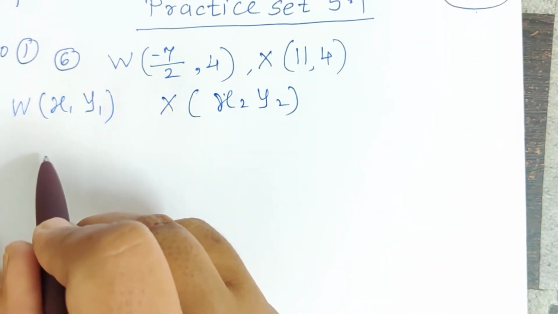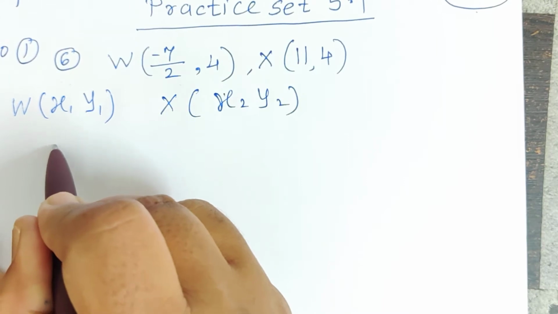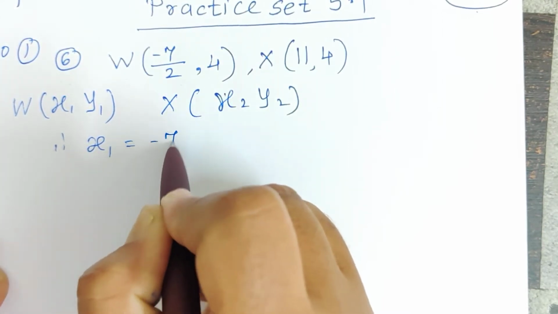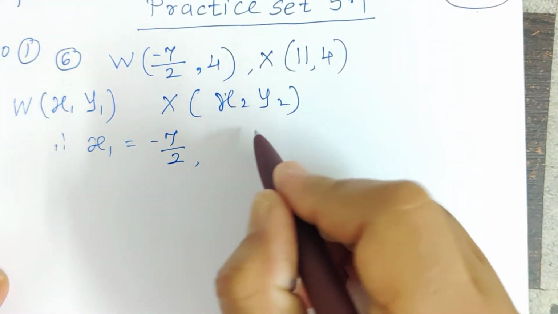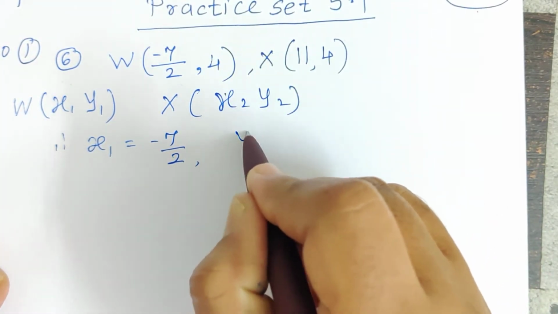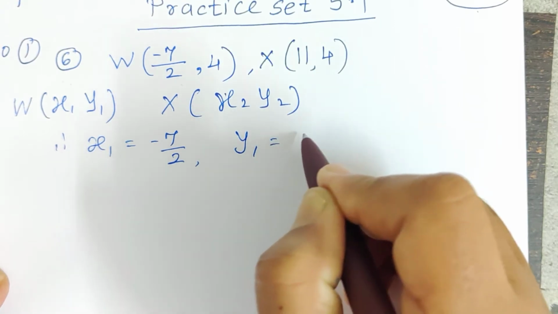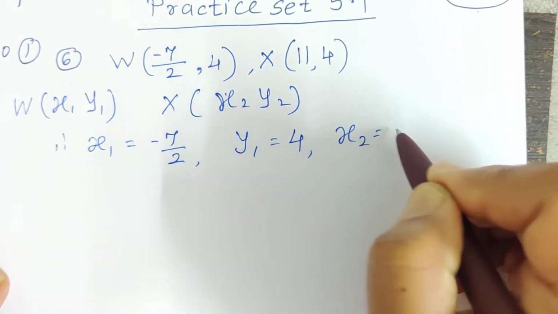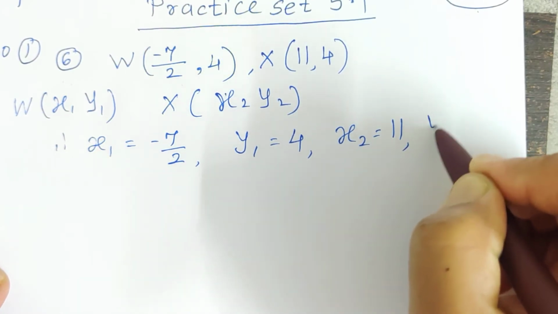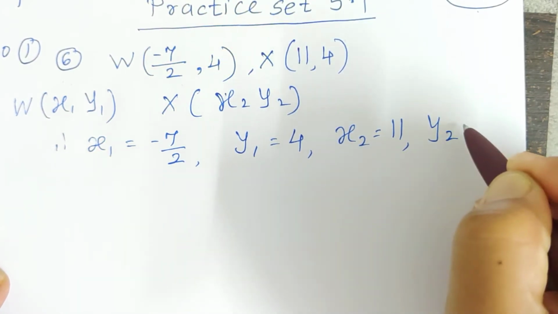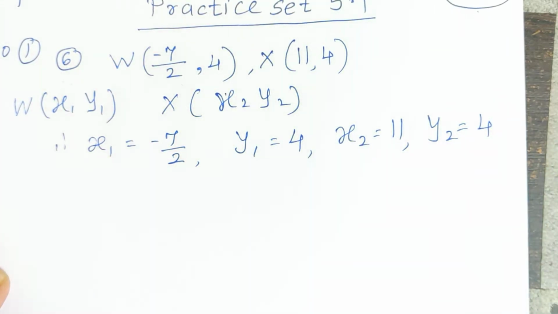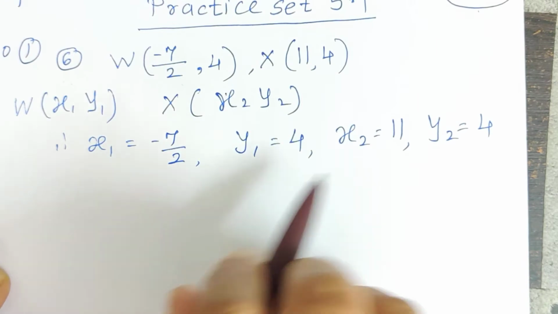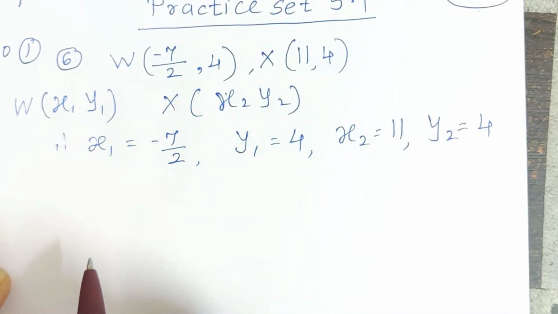Then x1 equals -7/2, y1 equals 4, x2 equals 11, and y2 equals 4. So this way we get the values of x1, y1, x2 and y2.